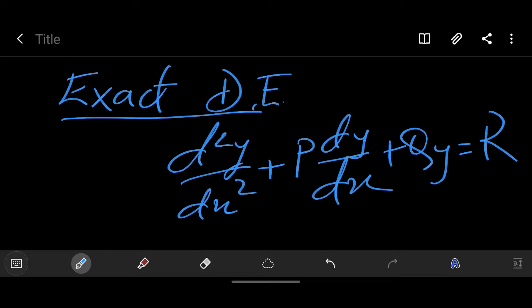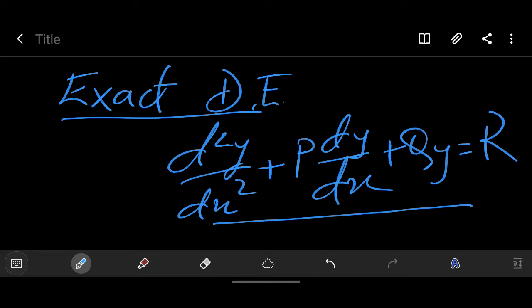Here p, q, r are functions of x only or constants. So this is the second order linear differential equation, the standard form of how we write it.